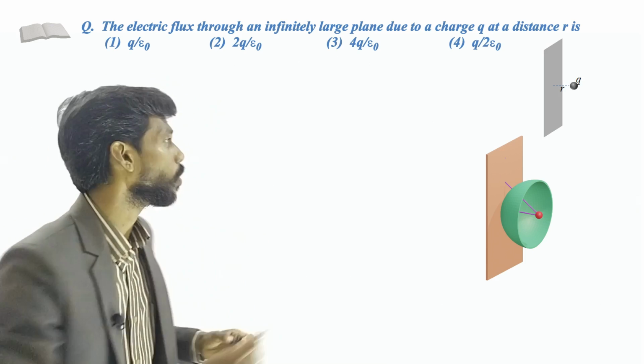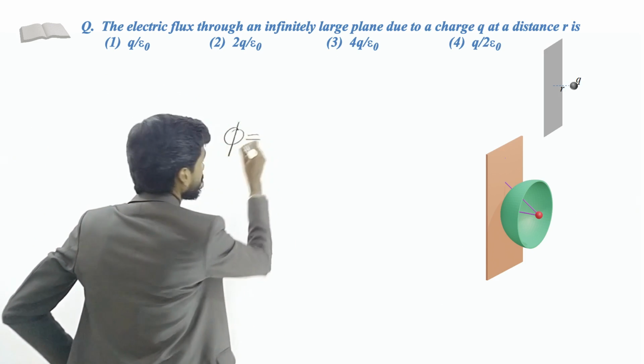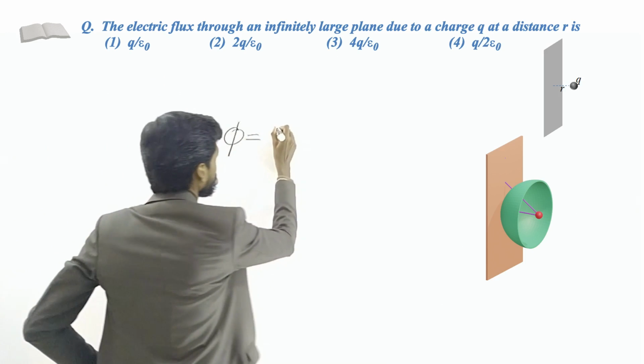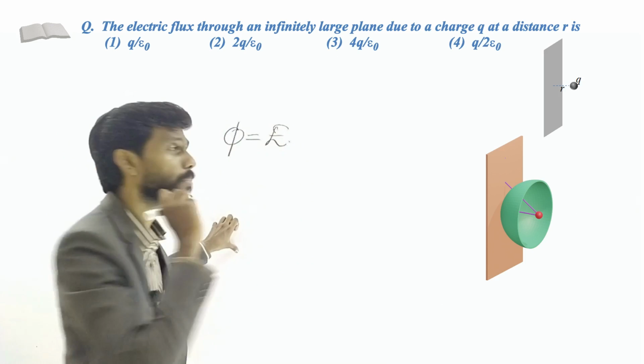Do you understand? So this is the formula we use. The electric flux here equals E, the electric field, multiplied by not the area but the projected area.